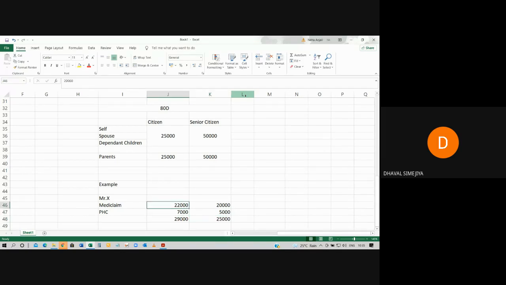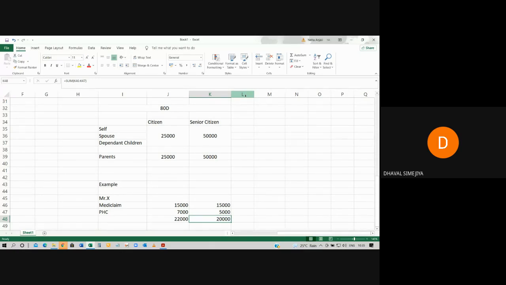Sir, for example, here it is only 15,000. Then my total is 22,000. So fully allowed? No. Preventive health checkup matters only up to 5,000. So here I can get 15,000 for mediclaim, 5,000 for preventive health checkup. Maximum benefit available is 20,000 only. Understood this?